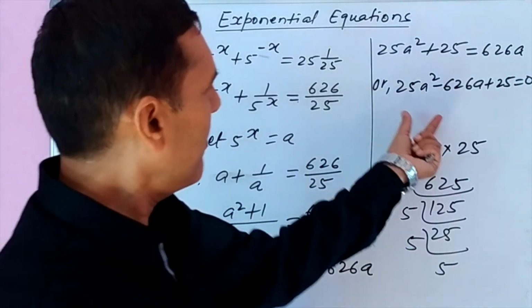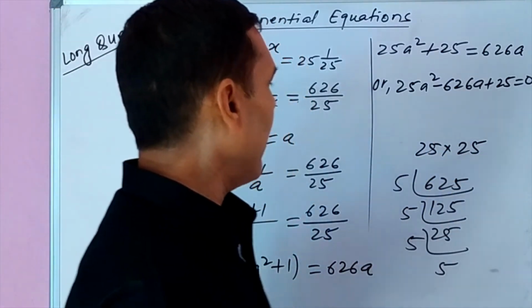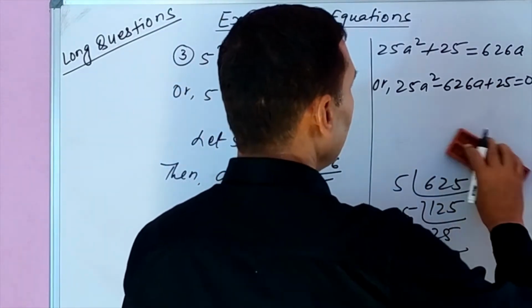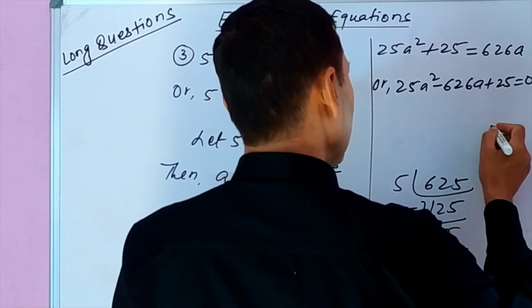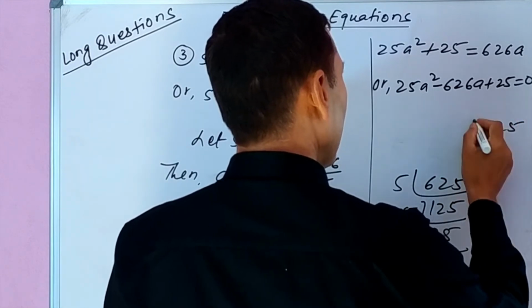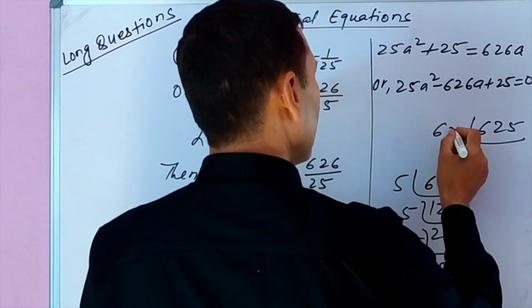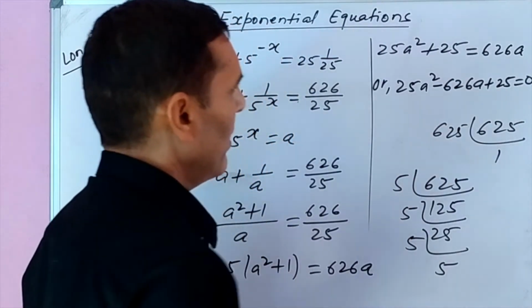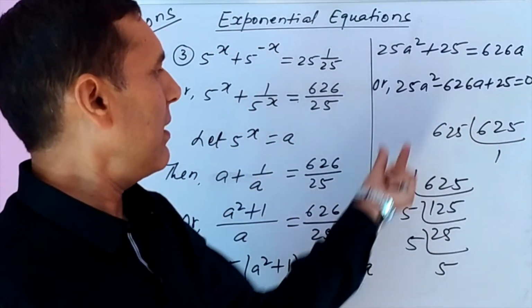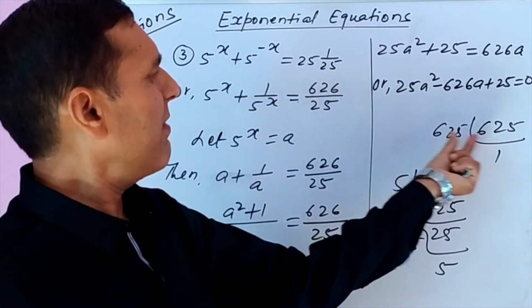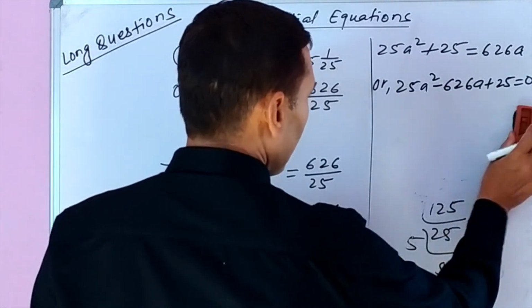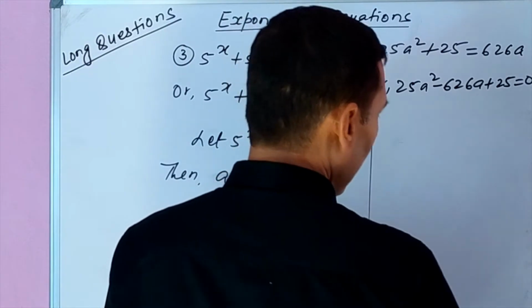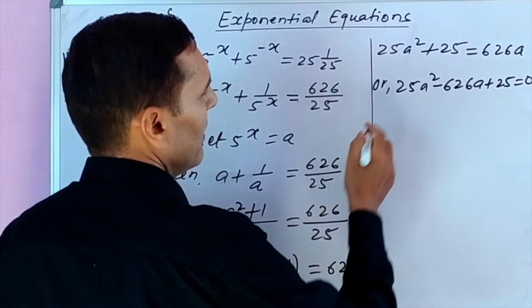These are the factors of this 625. Now we have to balance 626. It is possible by 625 times 1, because 625 plus 1 is 626. So for this 626 we have to write 625 plus 1.